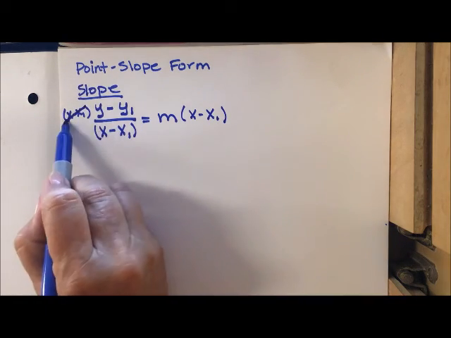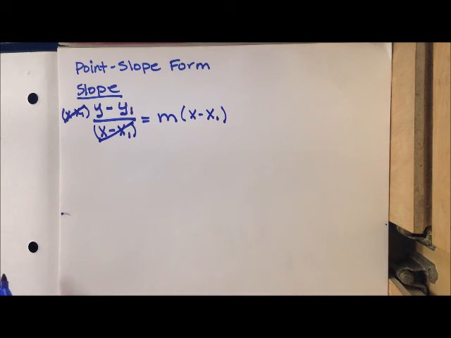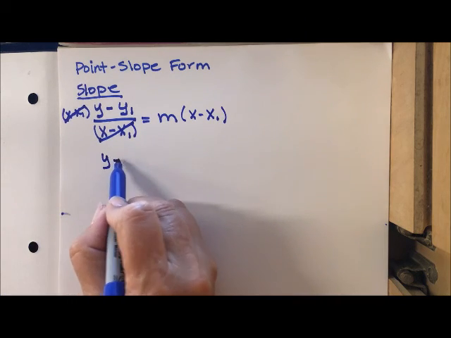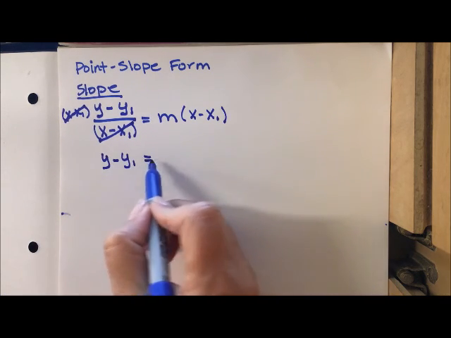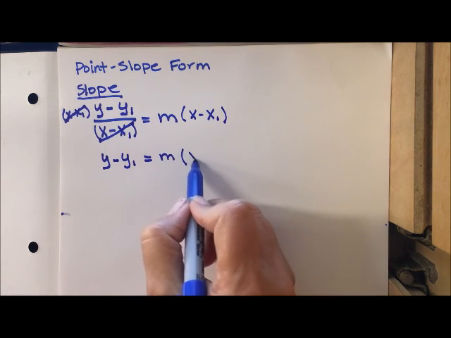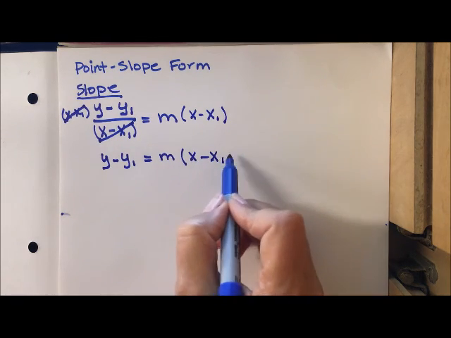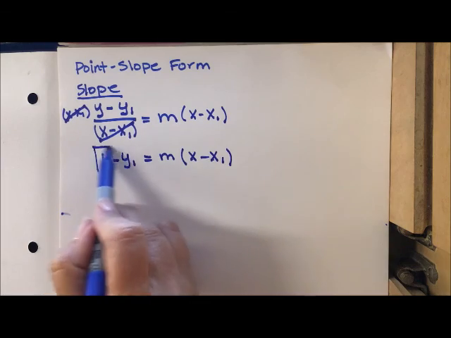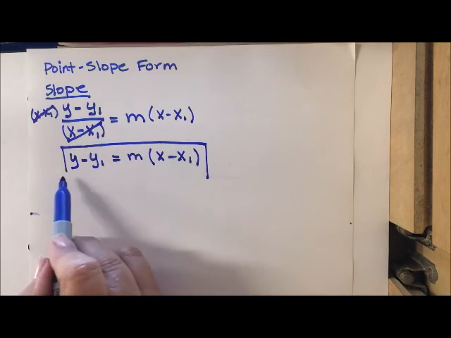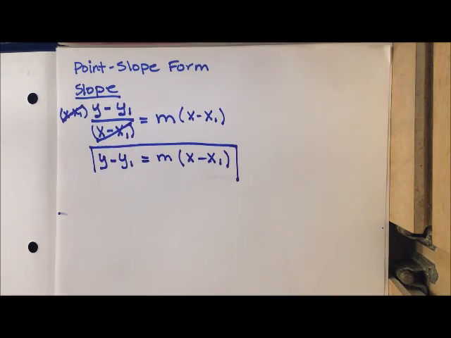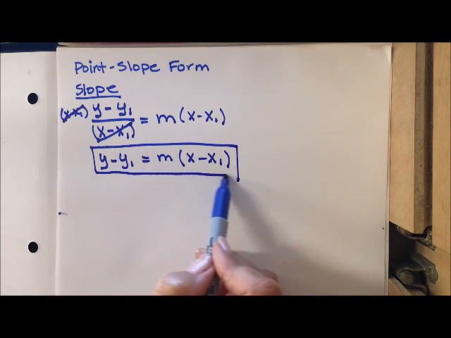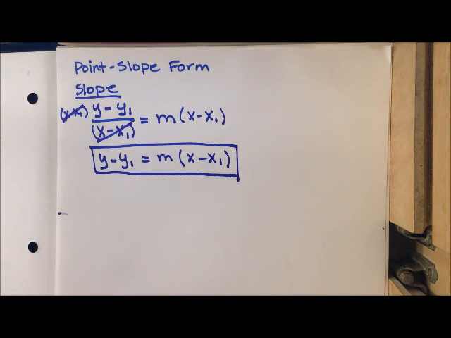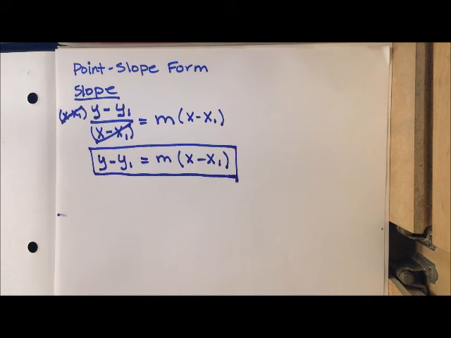So over here, x minus x1 is going to cancel out, and it's going to leave me with y minus y1 equals m times x minus x1. And this is the equation for point-slope form.